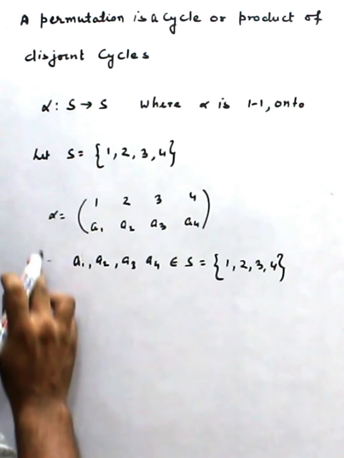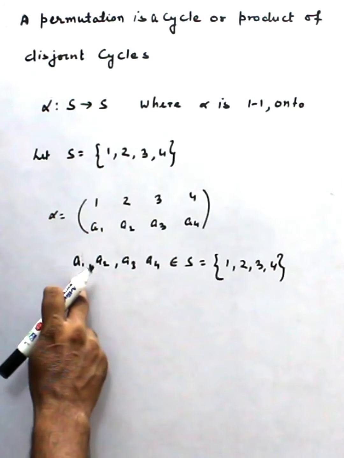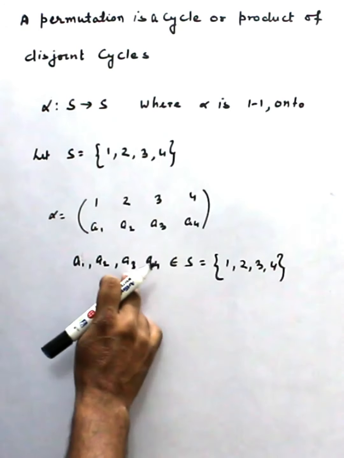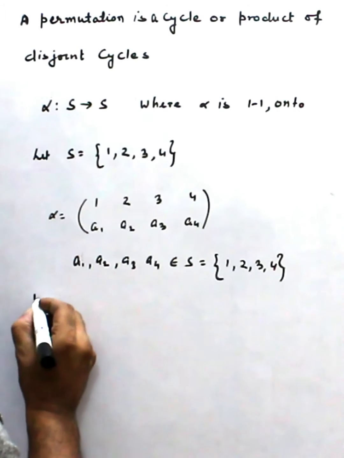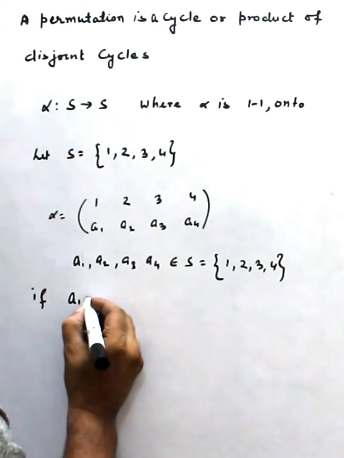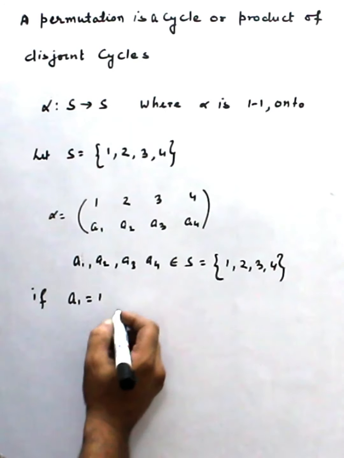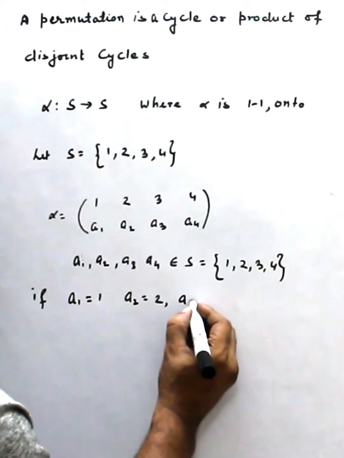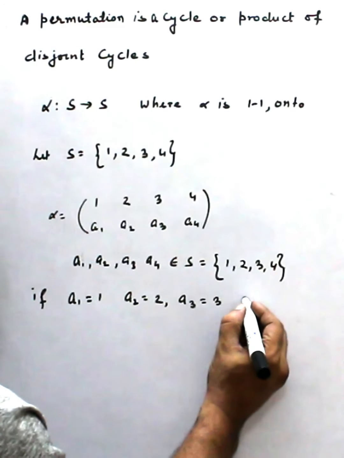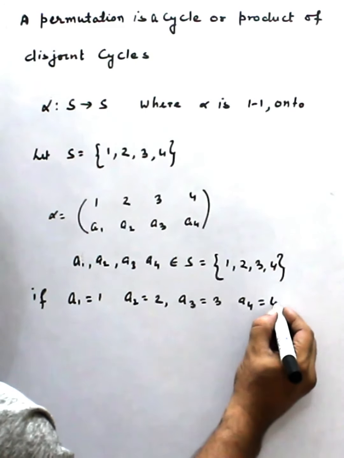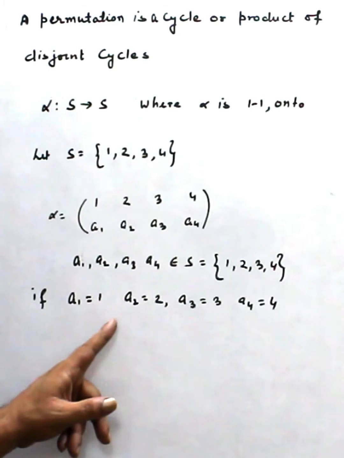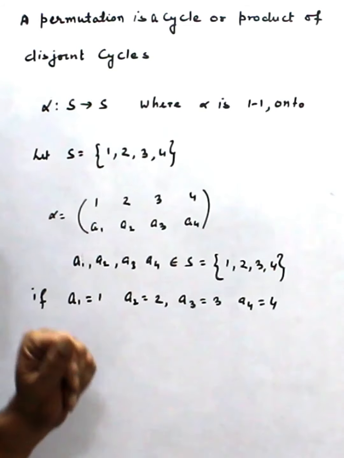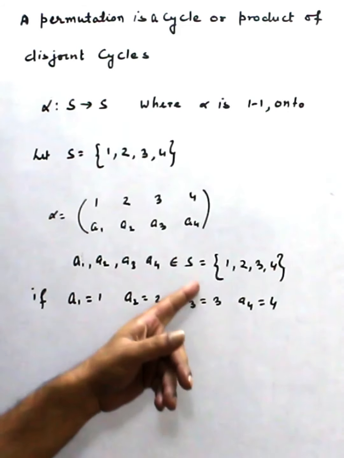So in case A1 takes 1, A2 takes 2, A3 takes 3, suppose like this: A1 is 1, A2 is equal to 2, A3 is equal to 3, A4 is equal to 4. Alpha is defined by the corresponding values of A1, A2, A3 and A4, because it is still 1-1 and onto.